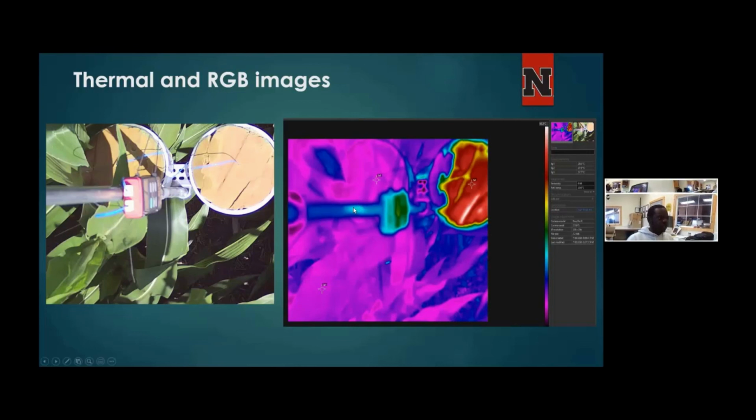What we do is import this image into the FLIR tool software, which gives us the thermal image, and then we can get the temperatures by just pointing on the leaf.